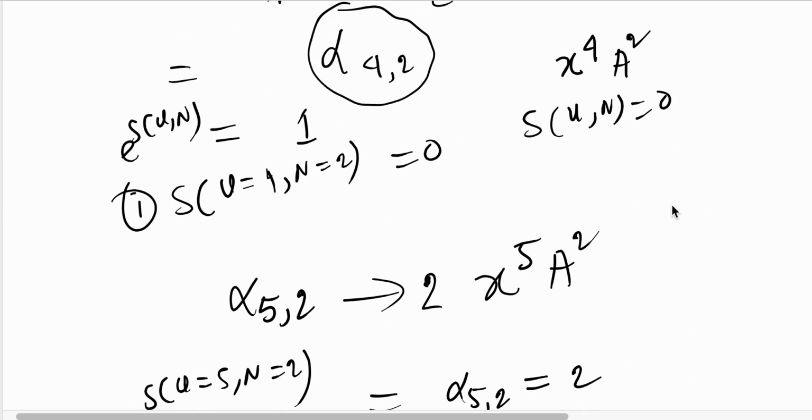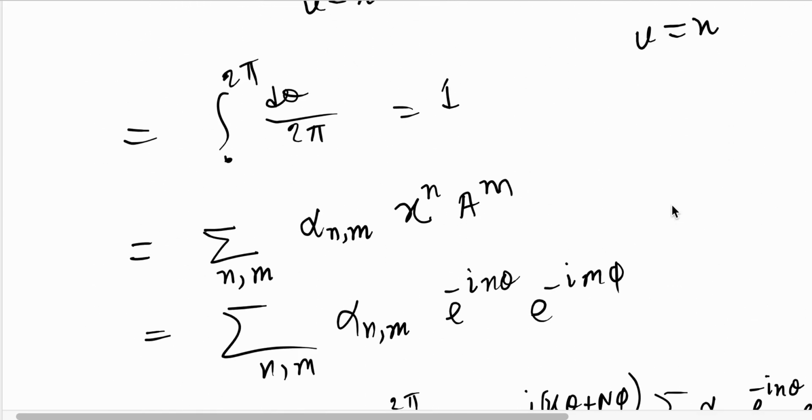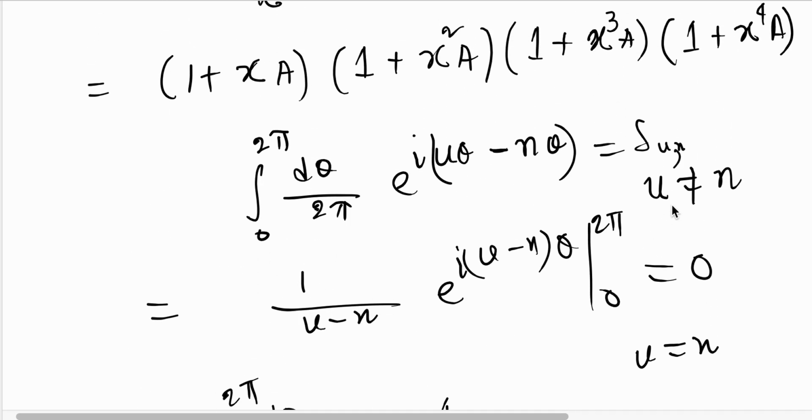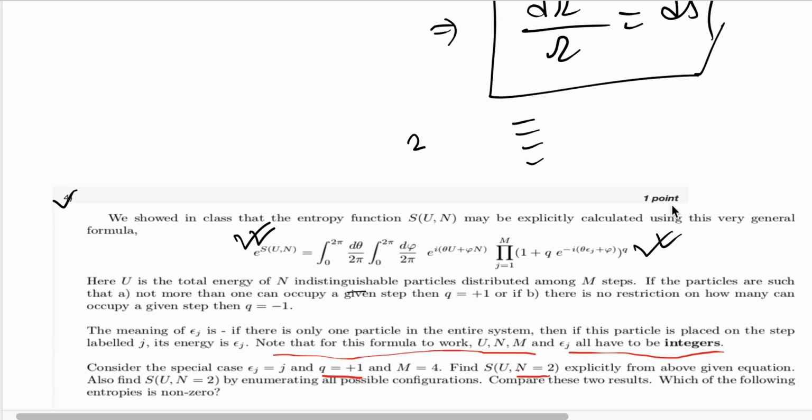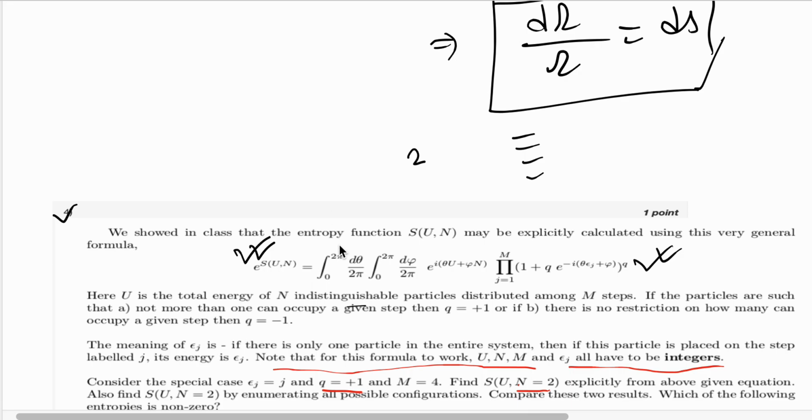But suppose a humongous amount of particles and a huge number of energy states are there, then you can't do anything with this counting problem. Then you have to use this equation to calculate its entropy.